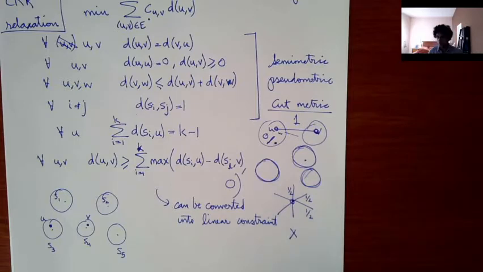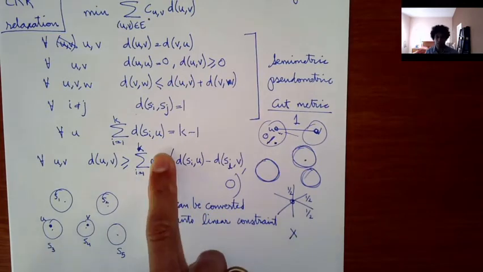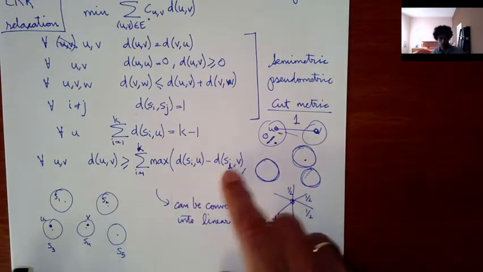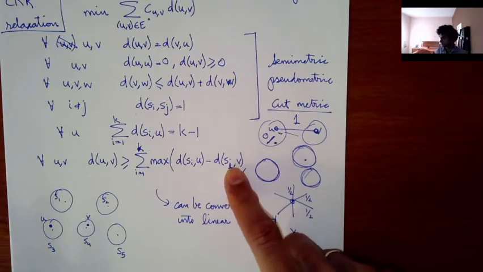Oh, I see. It's important that you put the max. If you simply summed everything up, you would just get 0. Yeah, I see. It would be really simple if u and v lie in the same component. If u and v lie in the same component, their distances to every other terminal are the same, and therefore this just becomes 0. Yes, I get it.